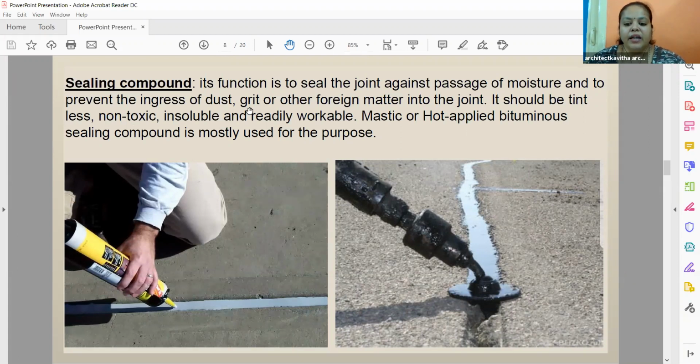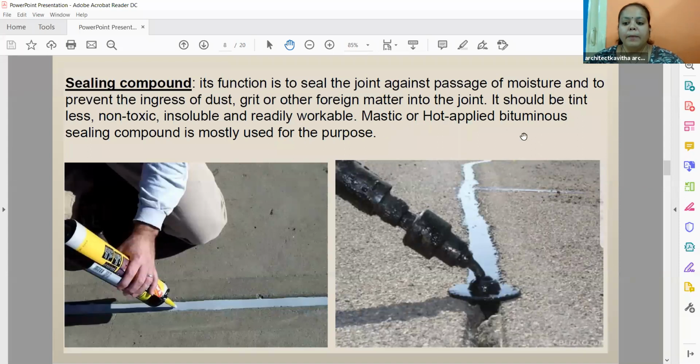Grit is all the waste of the materials themselves and other foreign matters. For example, leaves can be there, sand can be there, or anything that is coming in the atmosphere. So that will not get into the joint. So for that you have to seal the joint. It should be non-staining, non-toxic, insoluble, and readily workable. So the material should have these characteristics.